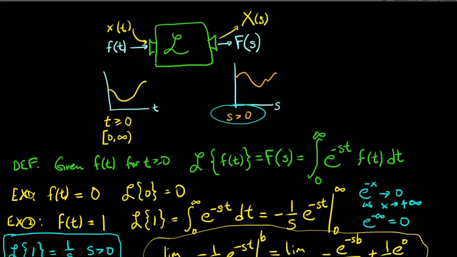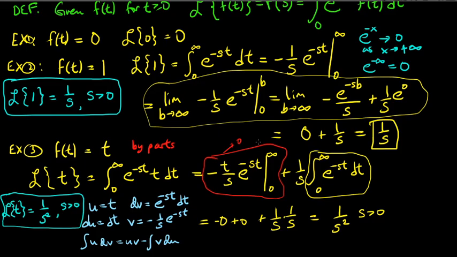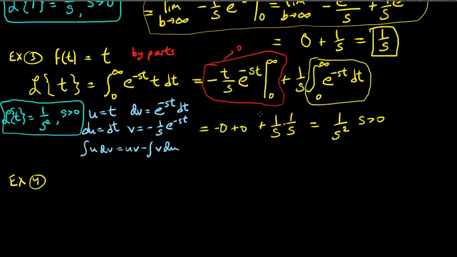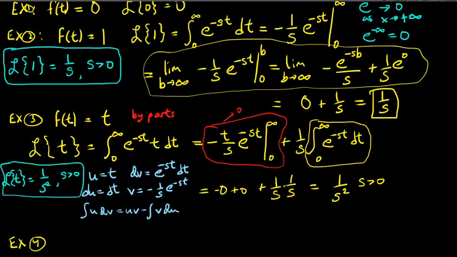And if the input function is y of t, then the output will be capital Y of s. So just use the capital letter for the Laplace transform. In other words, this is F of s equals 1 over s squared here.